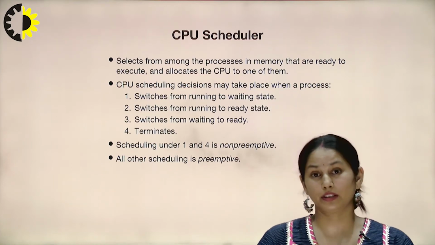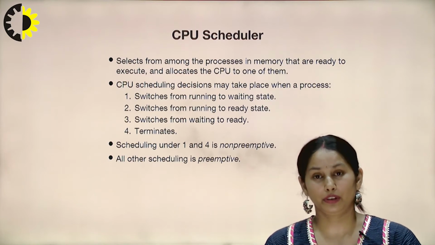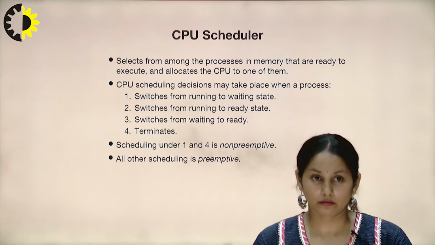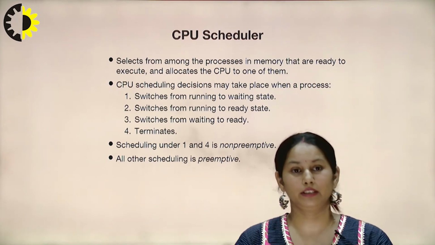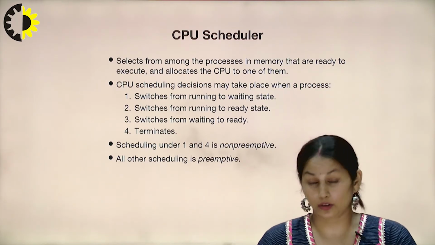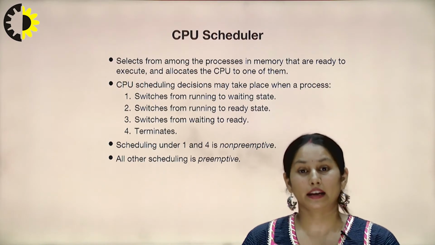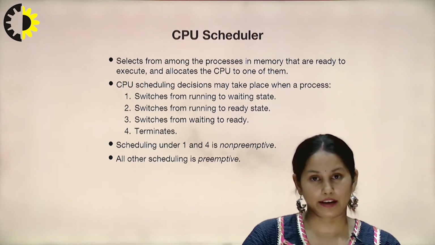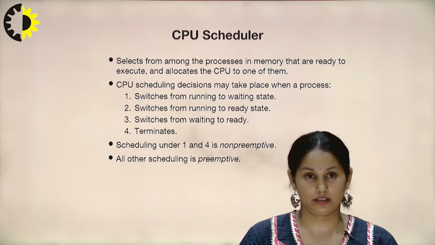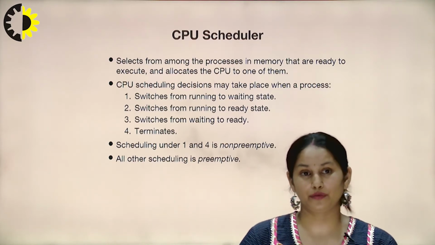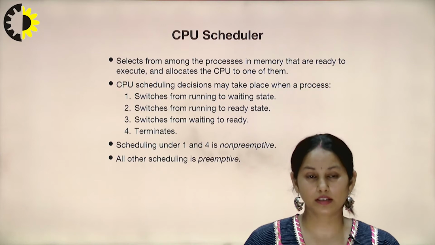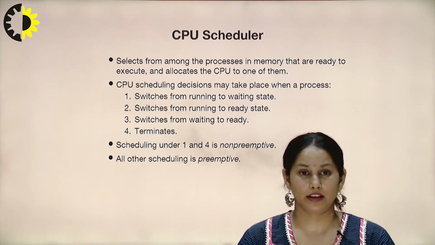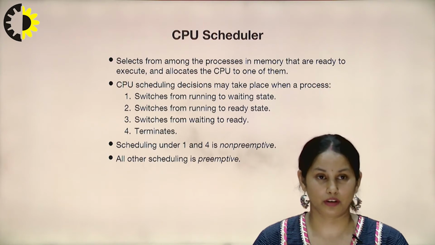That means it is going to be executed for the input output resources. Now again, switching from running to the ready state, and again switching from waiting to the ready state. These are the decisions that need to be taken care of during execution of a process, and these decisions are taken by your CPU scheduler.